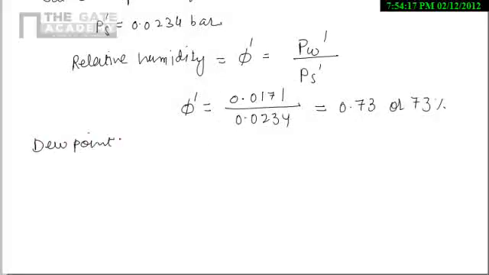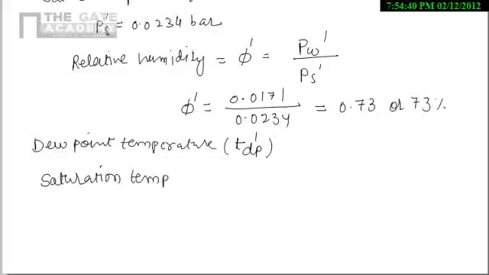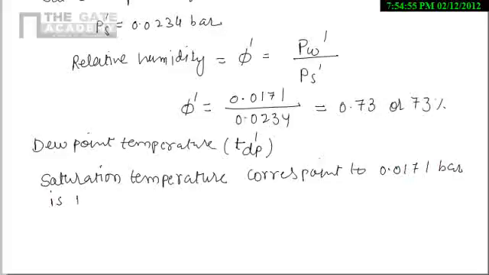Now the dew point temperature, T dew point dash. We have PW dash, that is 0.0171. So the saturation temperature corresponding to 0.0171 bar is 15 degrees centigrade.